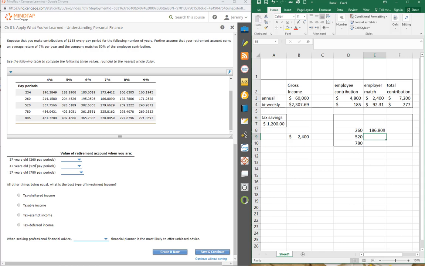The second one's going to be 520. I'm just going to look that up while I'm here. That's going to be 279.6629. And then the last one is going to be 325.8162.